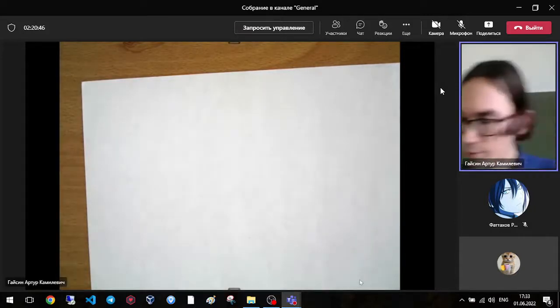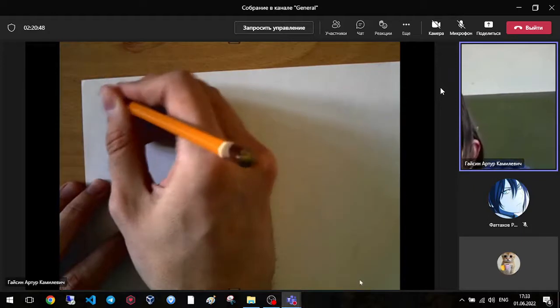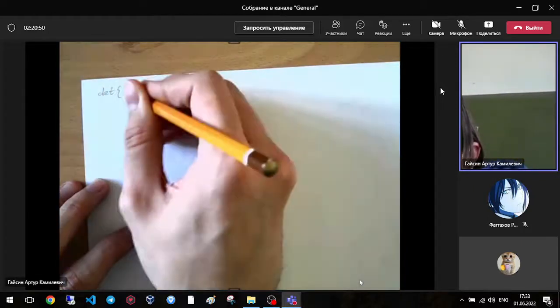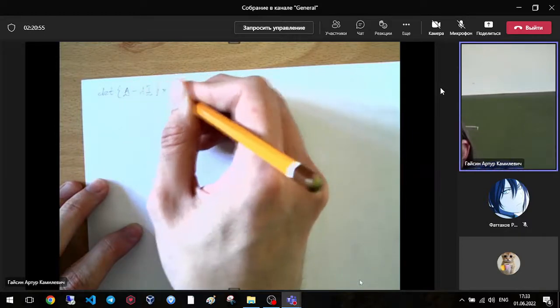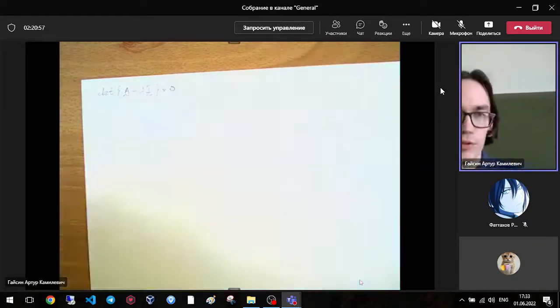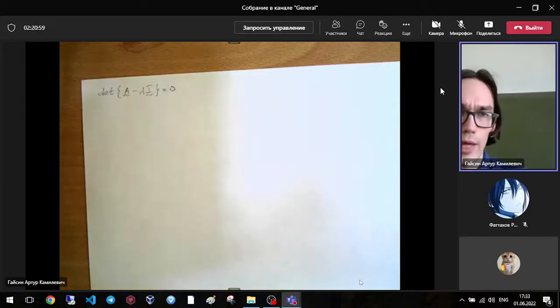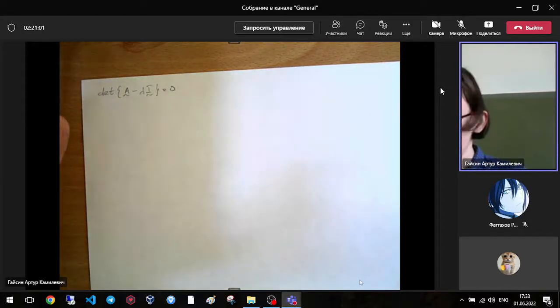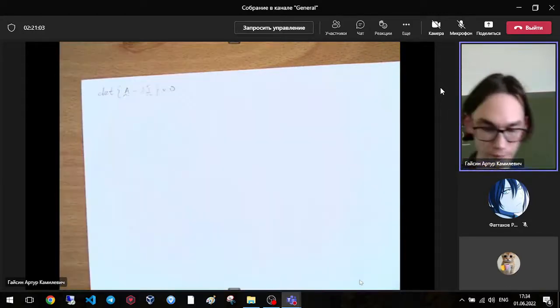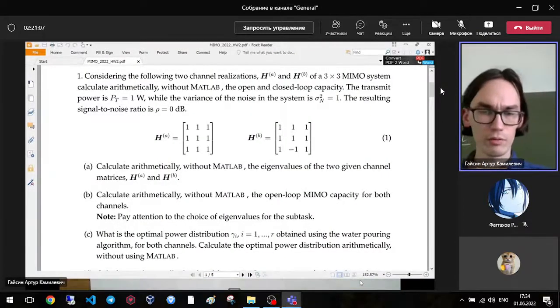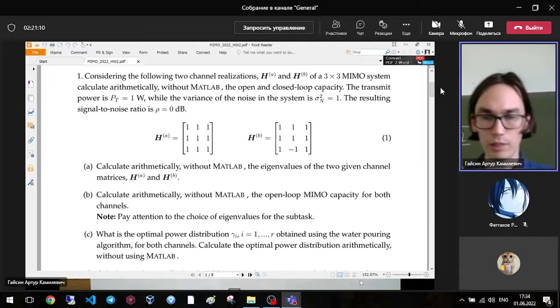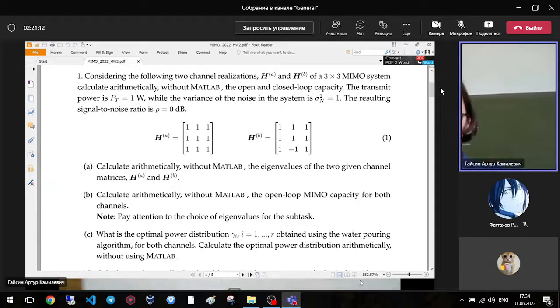So you remember, to calculate the eigenvalues, we just need to solve this equation: the determinant of A minus lambda times the identity matrix, which should be equal to 0. And this equation is also given in the hints, and we will also see the hints.